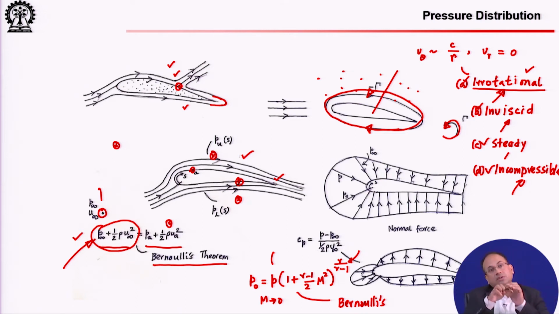If all four conditions are not satisfied, that is, if you have a rotational flow field, then also Bernoulli's theorem will apply, as long as you restrict yourself to a streamline. If you think that this is your streamline, we will show why that is the case. So, suppose it is a rotational flow field for some reason.